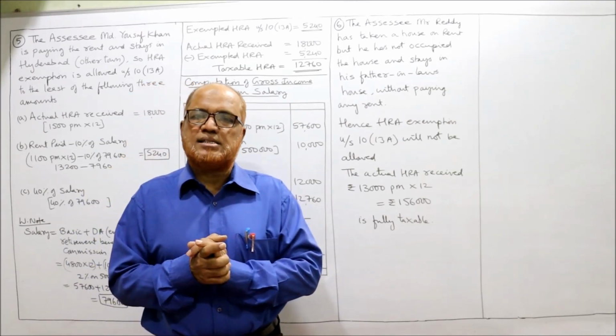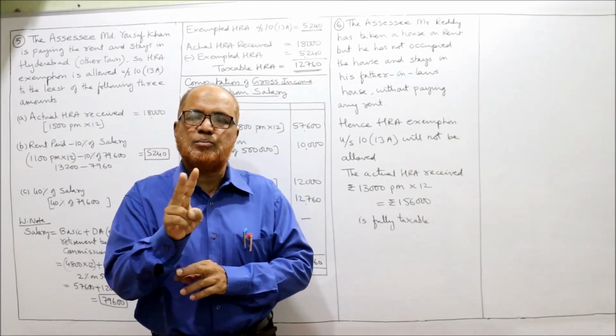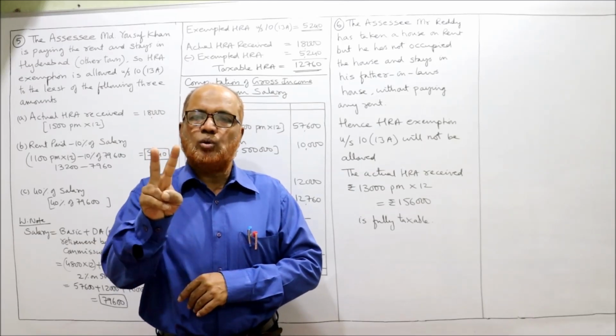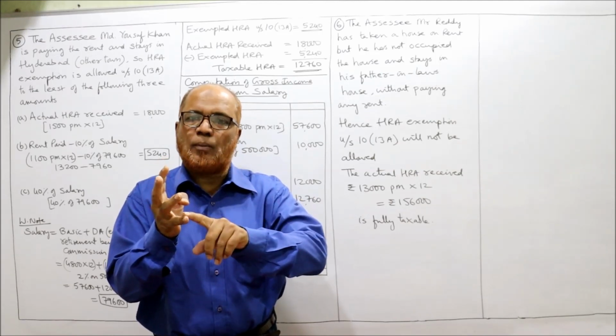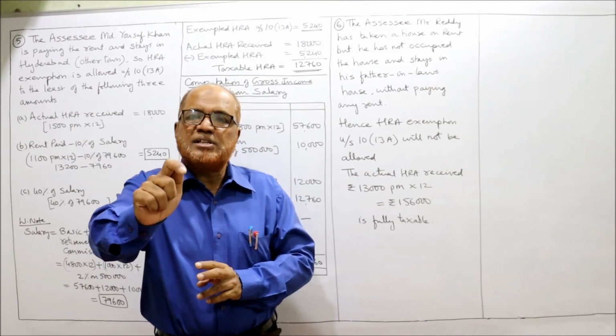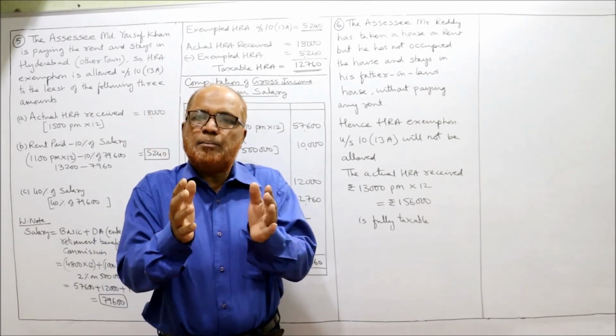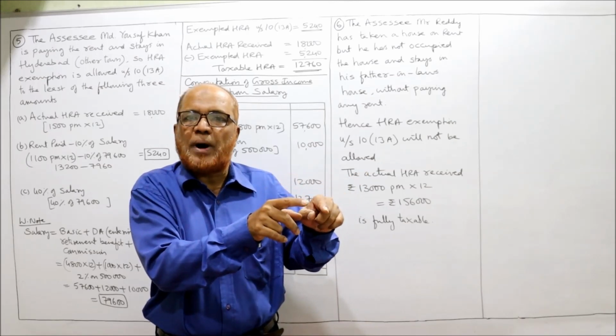Income Tax Act says 2 conditions are there for getting HRA exemption under section 10(13A). The 2 conditions are, first of all, he should take the property, he should occupy the property on rent. Secondly, he must pay the rent. Simply he has taken the property on rent but still not occupied.